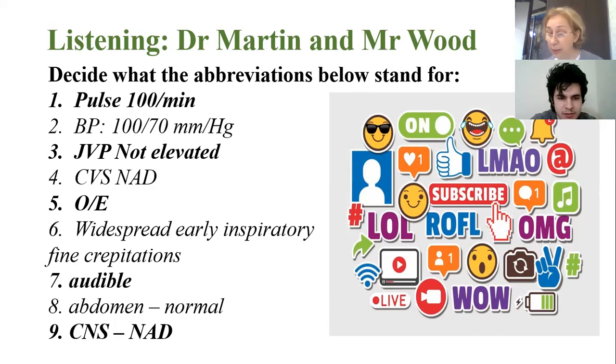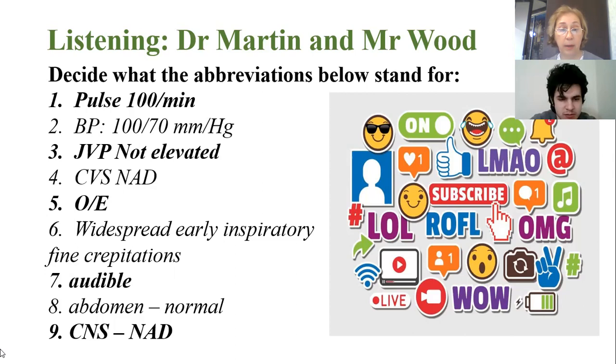So, and the next is Jiren, number 7. Can you read it? Outwardly audible. What does it mean, audible? Something that we can hear, right? Audible.